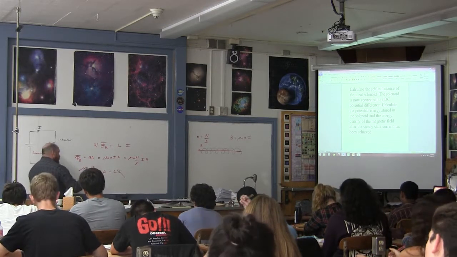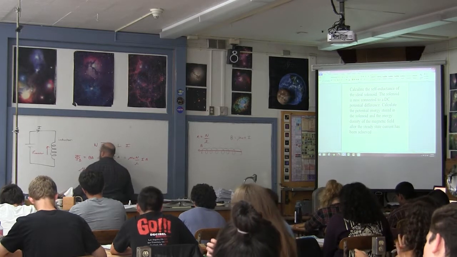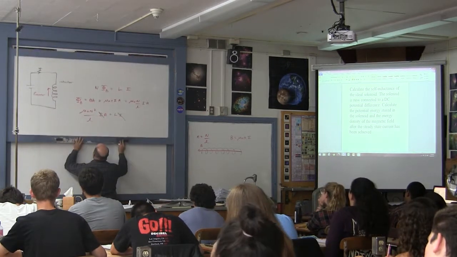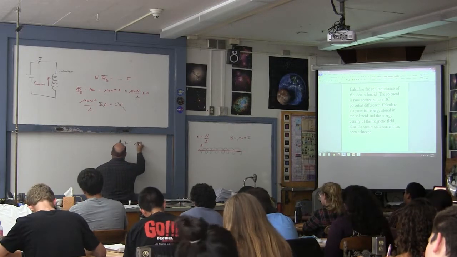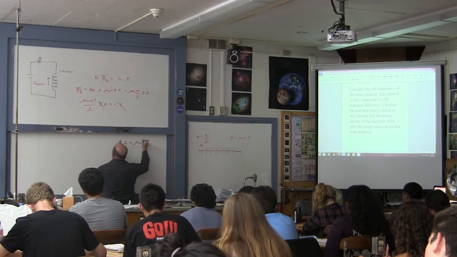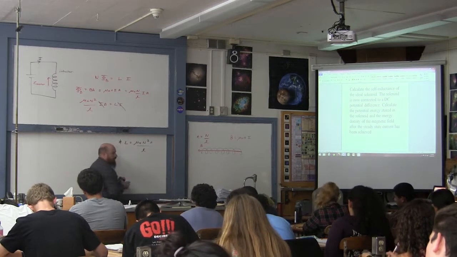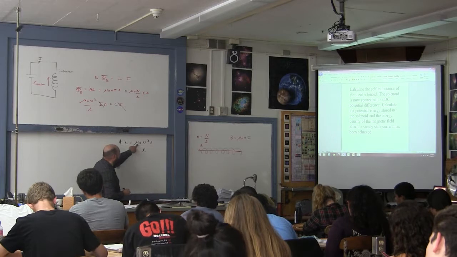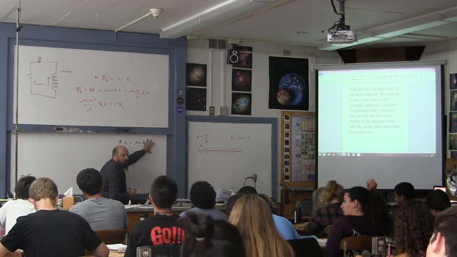Therefore, the self-inductance of the solenoid is the following little expression: mu naught n squared A. It's basically just a fundamental constant and geometry, the geometry of the solenoid itself.